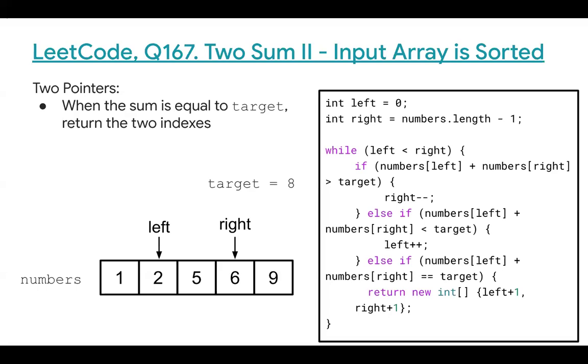And some of you may wonder, in this case, can we guarantee that we can find the solution? Because when we move these two pointers, this is not actually brute force, right? We don't examine or check all the possible pairs of elements.